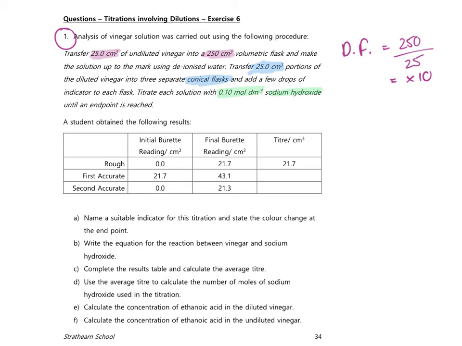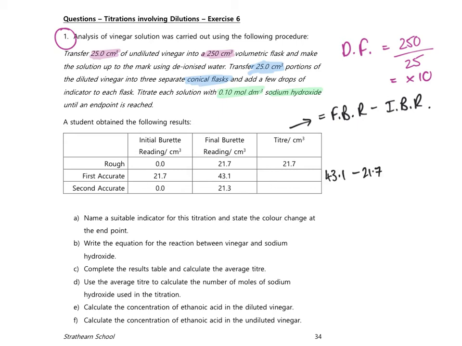Now, in order to do this calculation, we will have to work out what our average titre is. So in order to do that, we're going to need to work out the titres of our first accurate and second accurate. How you do that, remember, is by taking your initial burette reading away from your final burette reading. So you can see with the rough titration, the titre was calculated by doing 21.7 minus 0, which is obviously 21.7.